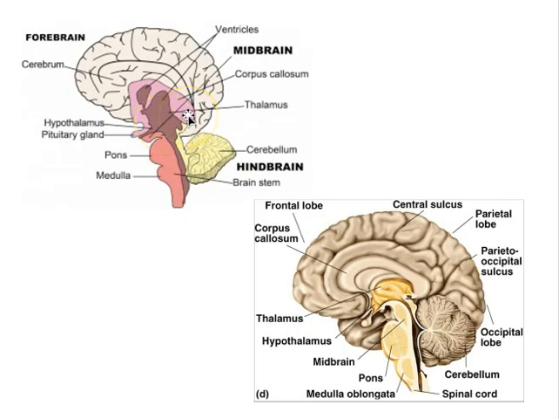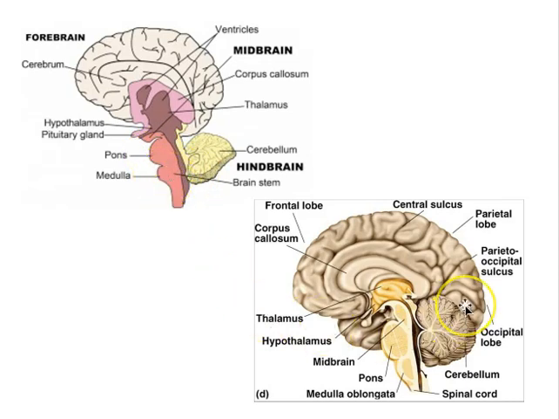We can see the ventricles drawn in here and here. Together, the hypothalamus, the thalamus, and the cerebrum make up the forebrain. The midbrain, remember, corresponds to the midbrain of the brainstem. And the hindbrain is composed of the cerebellum, the pons, and the medulla oblongata.